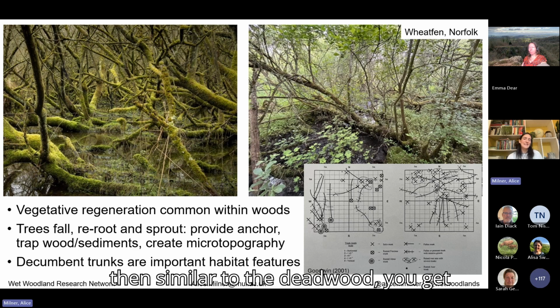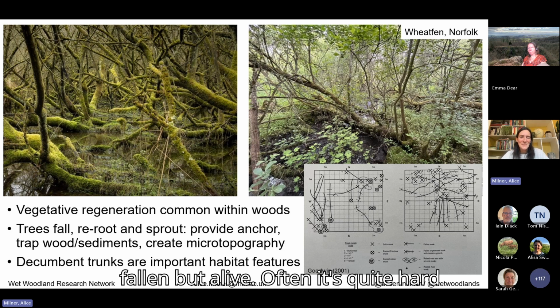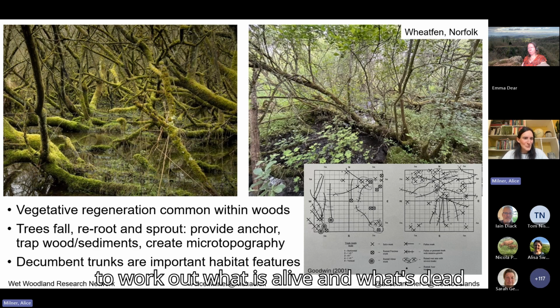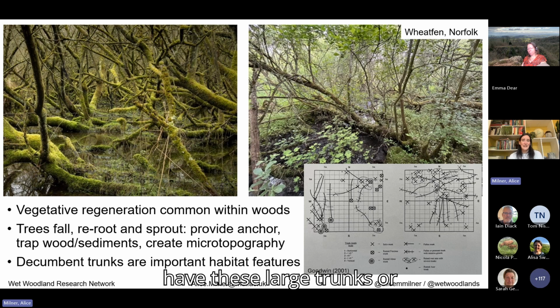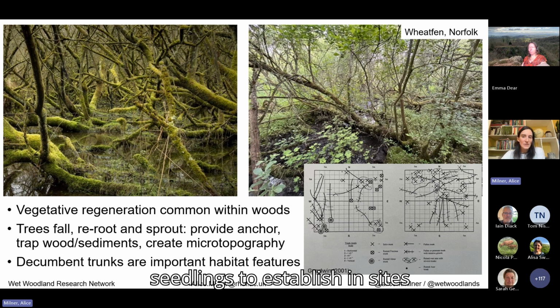And then, similar to the deadwood, some wet woodland trees, particularly willow, can produce this large living wood. Basically, it's fallen but alive. Often it's quite hard to work out what is alive and what's dead at some times of the year, because you have these large trunks or branches that sprout new roots and new shoots, and it helps with the natural regeneration of a woodland in conditions where it's particularly difficult for seedlings to establish in sites which are flooded regularly.